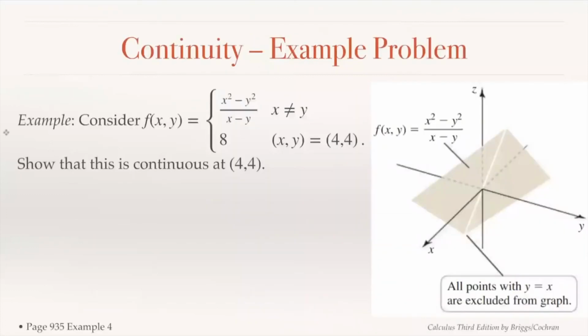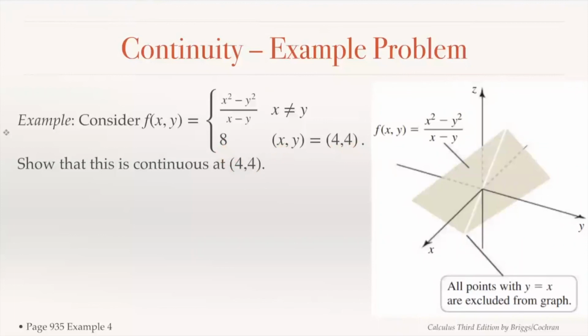First, let's show that this function is continuous. This is the same function that we dealt with earlier: x squared minus y squared over x minus y. The domain of that was whenever x is not equal to y, otherwise you have division by 0. And we found that the limit as we approach (4, 4) was 8 in that previous example.